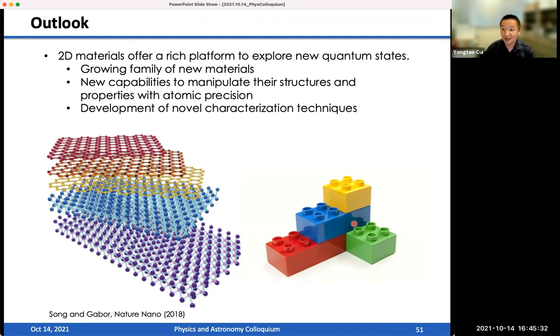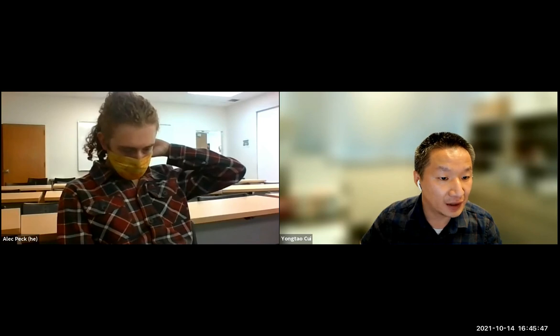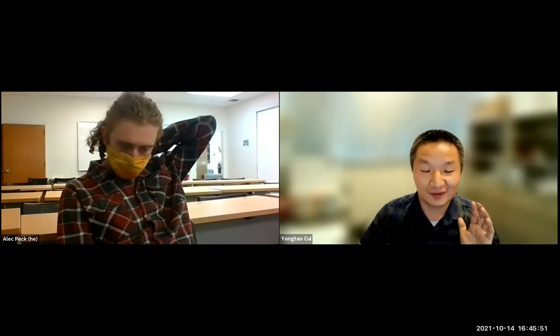Oh, yes. Actually, the half-filled band. Okay, actually, let me see if I can go back. Let me share the screen again. Right, so in the half-filled case, there have been experiments showing this, while the details are not exactly clear.